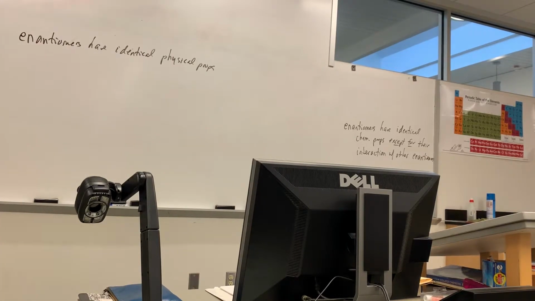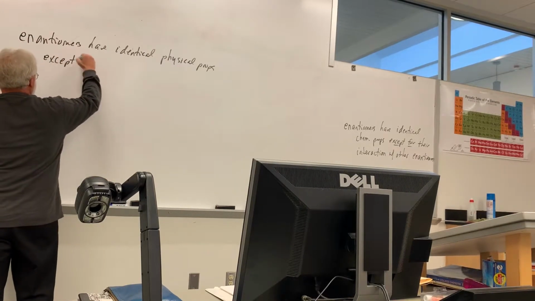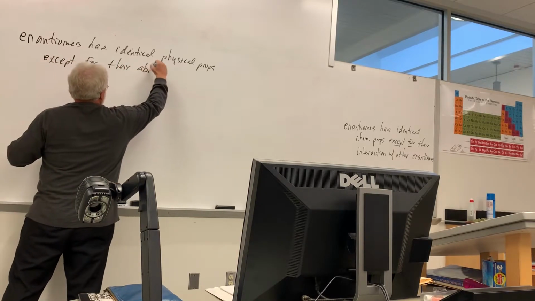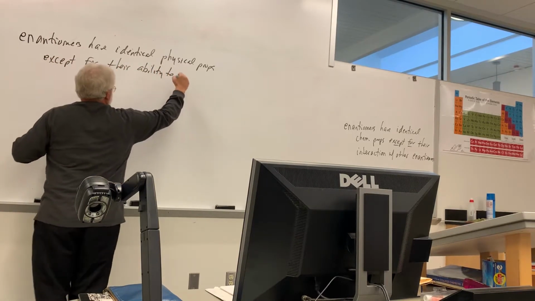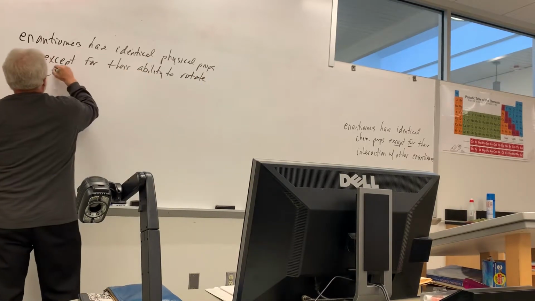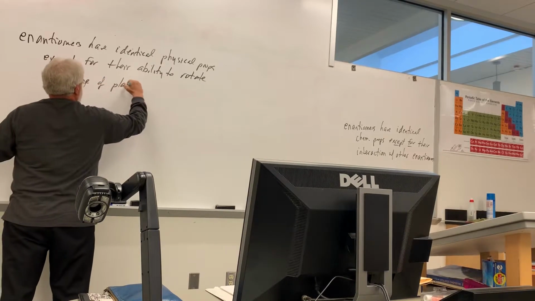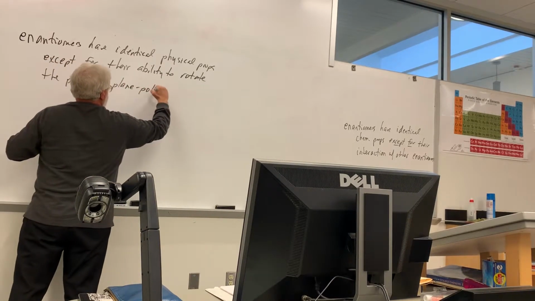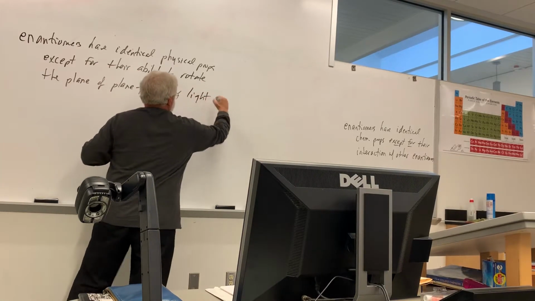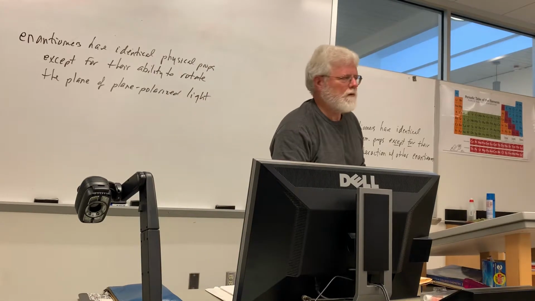They have identical physical properties except for their ability to rotate the plane of plane polarized light. Now I suspect that makes no sense whatsoever at this point, but we will make sense of it.